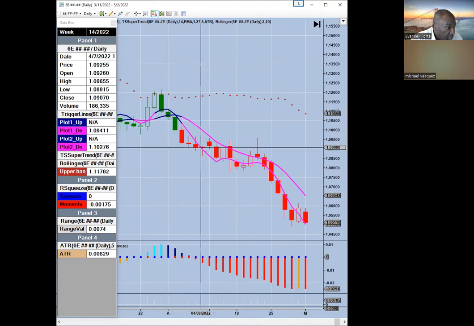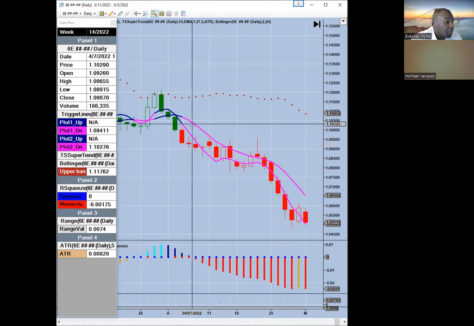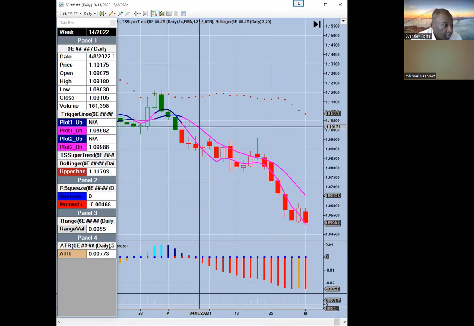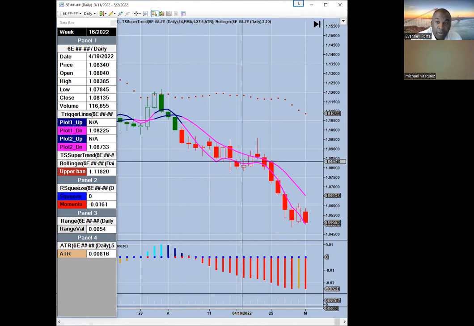In a bullish cross, this is plot 1. In a bearish cross, this is plot 1. Plot 1 is the moving average, plot 2 is a linear regression line, and this is the moving average of the linear regression line, okay?